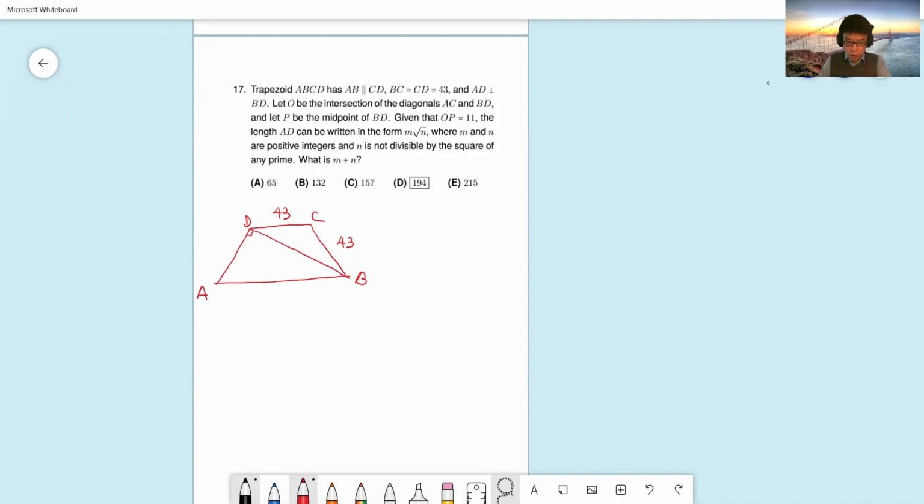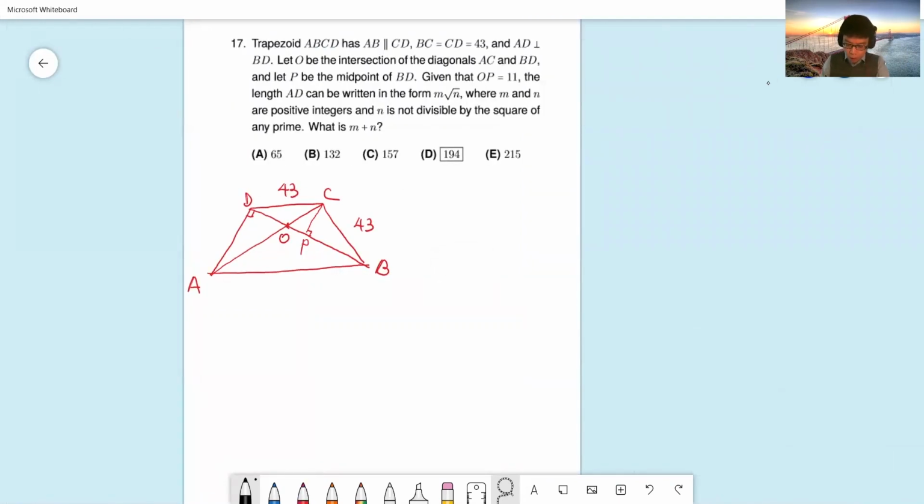Now, the intersection of the diagonals is O. And P is the midpoint of BD. So if I connect C and P, it's perpendicular. Now, given that OP equals 11, we try to find the length of AD.